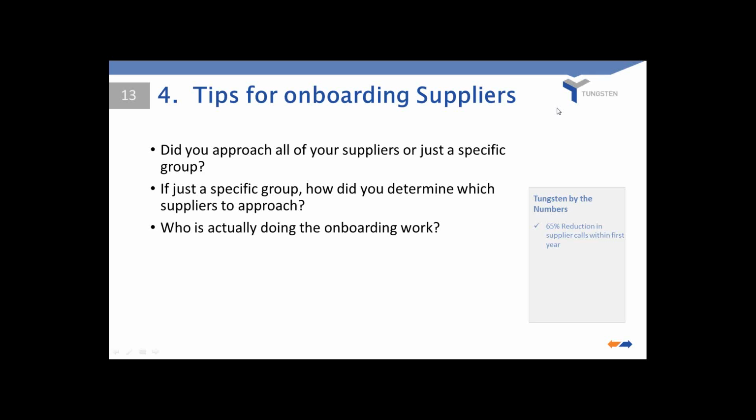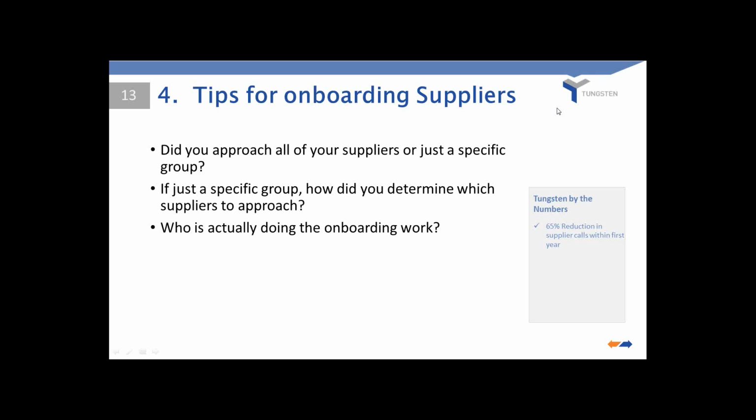We would go out first to those vendors that were sending in 15, 20,000 invoices a year to us. And that's the way we went after it. We started with what's known as a managed campaign by Tungsten.